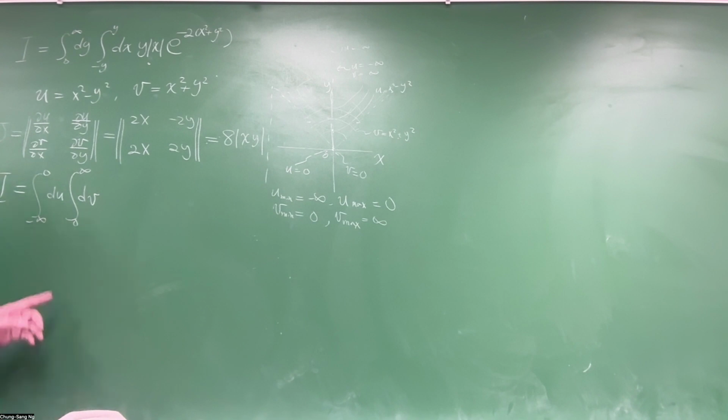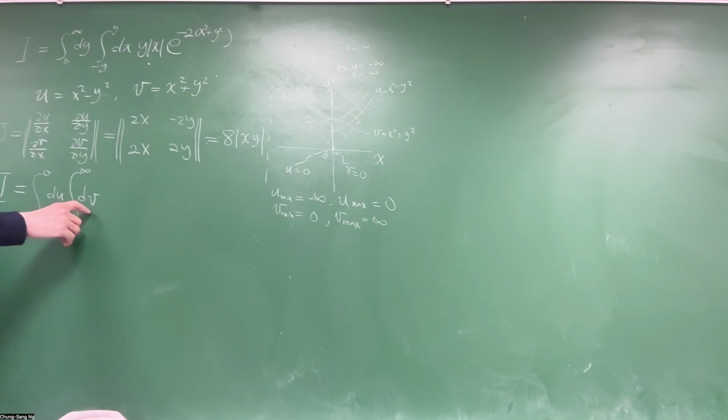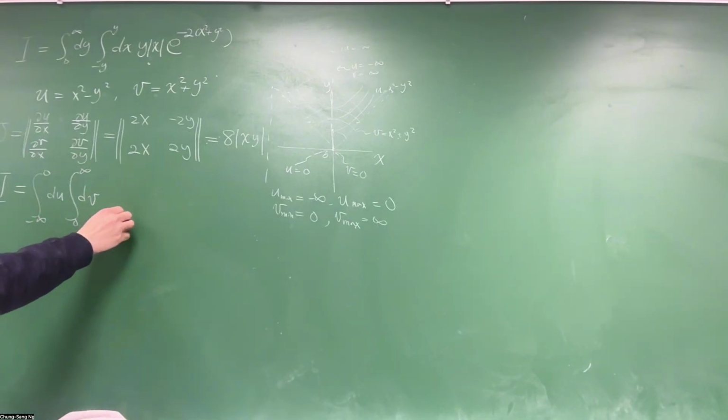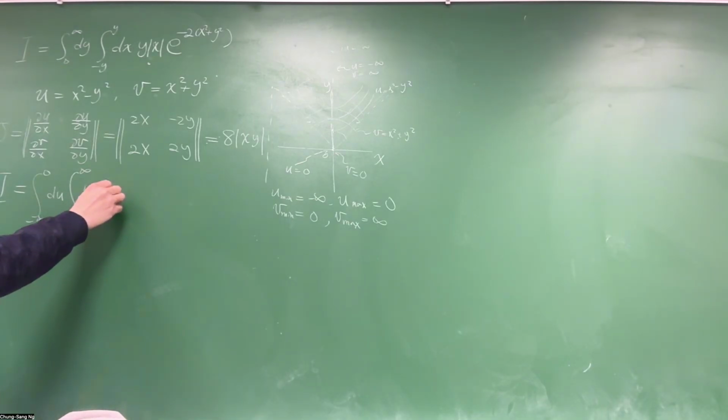Is that okay? And because du and dv are both increasing when you choose the limits this way, all we need to do is just transform the Jacobian, because originally dx dy, now you change it to du dv, so you need to divide by the Jacobian, 1 over j.